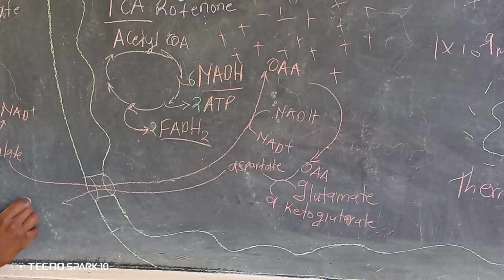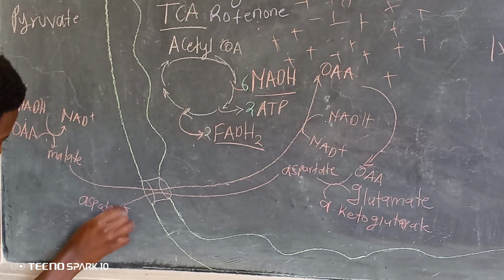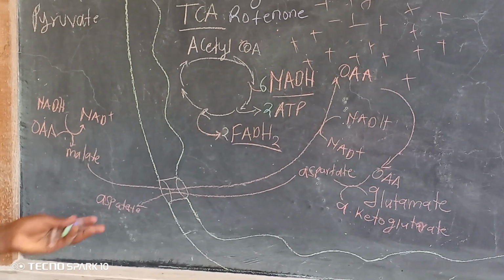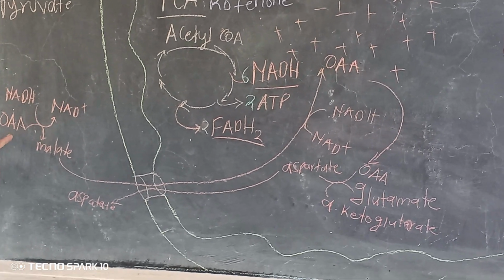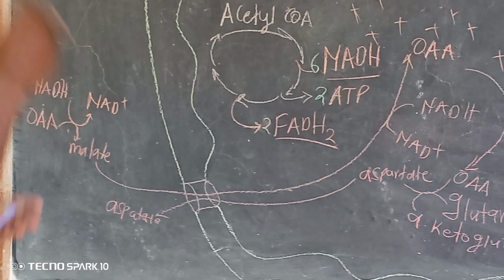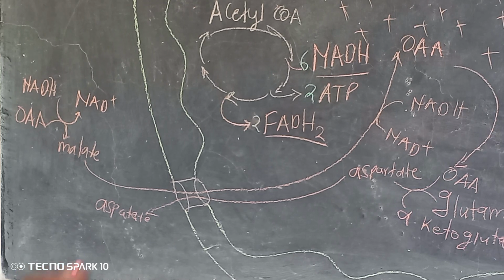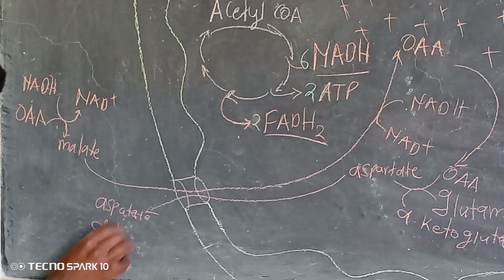So you have the aspartate outside the matrix of the mitochondria. Inside the cytosol, now we need to get back to oxaloacetate so that it can continue taking up the electrons from NADH, getting into the mitochondrial matrix. So aspartate is going to react again with alpha ketoglutarate.